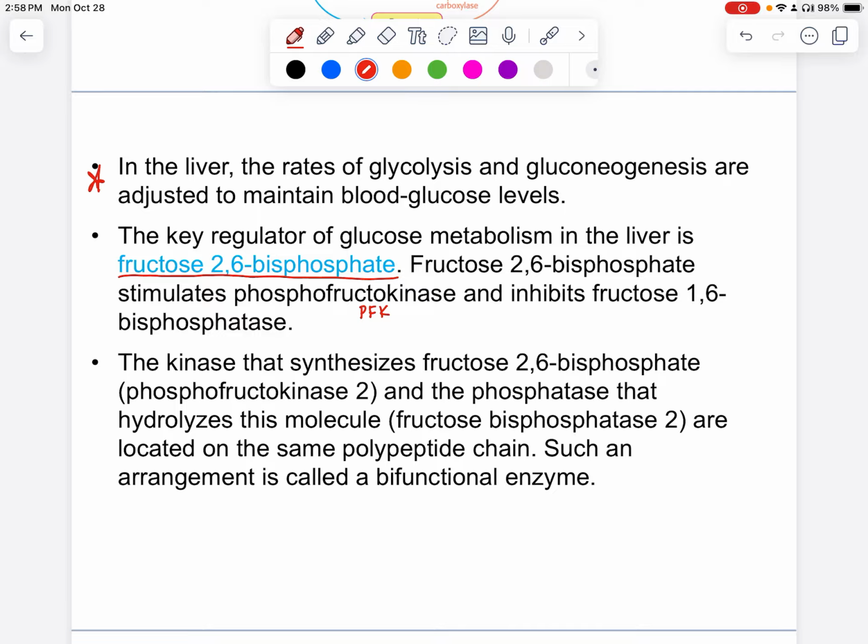All right, so careful here. The kinase that synthesizes the fructose 2,6-bisphosphate, so now this is a separate enzyme, not really in our glycolysis chain. It's for the side reaction. So for this side reaction, we have this going on, and this one is a bifunctional enzyme.